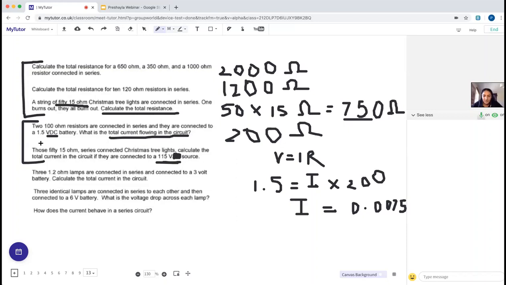Okay, so I'll just explain again. The fourth question, we already know the total resistance. We worked it out over here, 50 times 15 ohms. So it's those same tree lights. So the total resistance is 750 ohms, and they are connected in series. So we can do voltage equals IR. Voltage is 115, I times R, which now our R changes to 750.